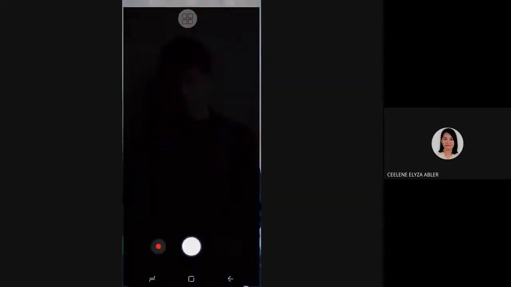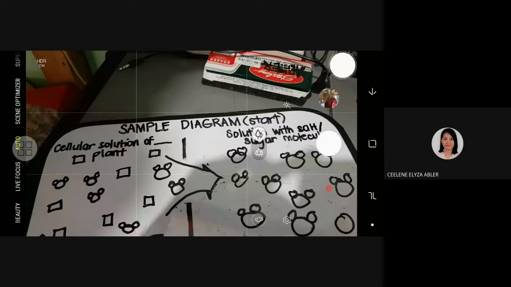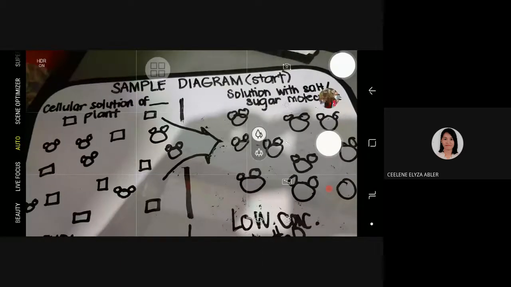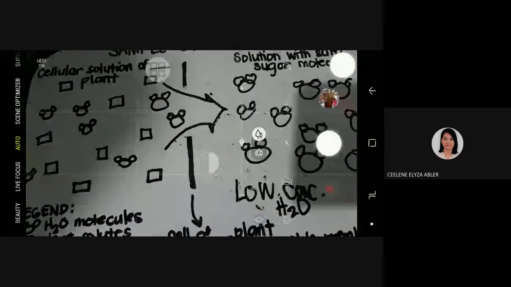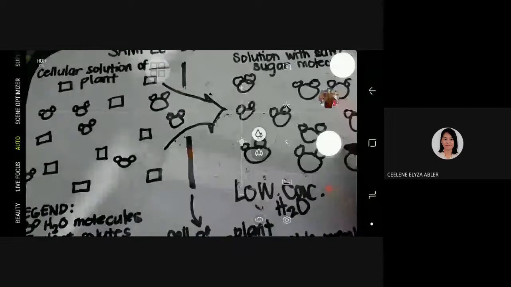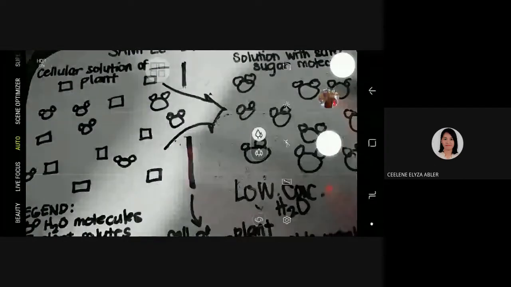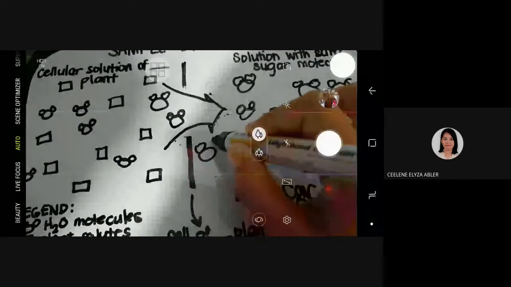Sorry. Balik tayo again. Alright, so this will be your water molecules here. And compared to this portion here, mas maliit ang water molecules.